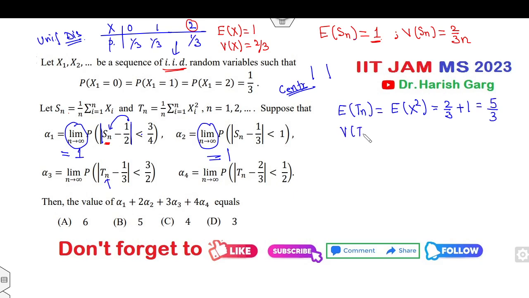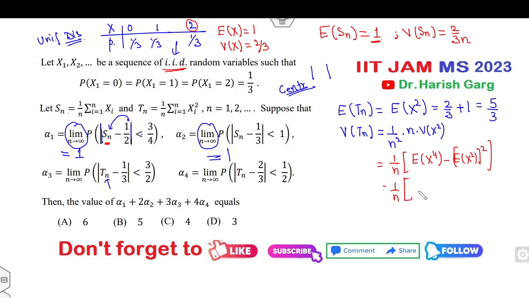Can you find the variance of the Tn? Variance of the Tn will be 1 over n square into n times variance of X square. How can you find the variance of the X square? It is 1 over n, expected value of the X4 minus the square of expected value of the X square. How can you find the expected value of the X4?